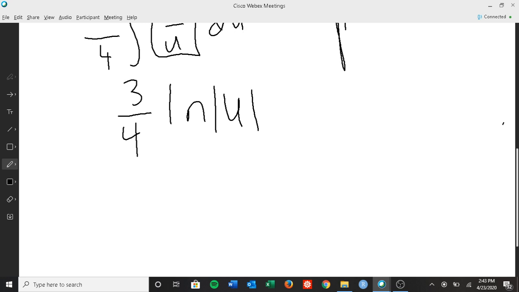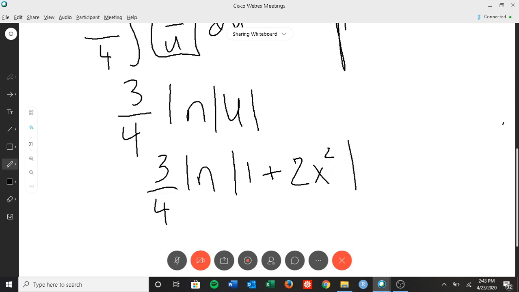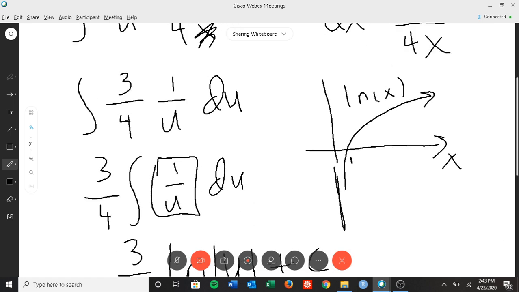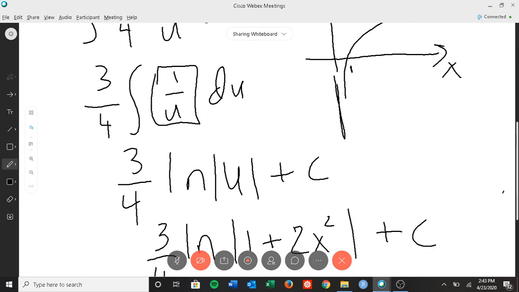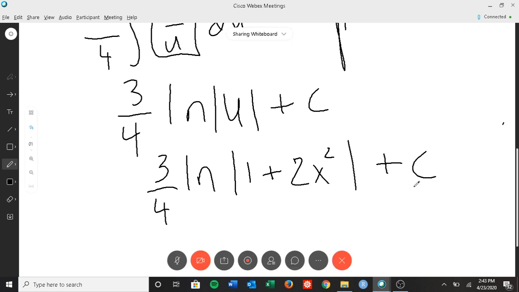So now we're not completely done. We have to plug in our x value, or our function of u, which is 1 plus 2x squared. Oh, and we can't forget our c, because this is an indefinite integral. And that will be our final answer.